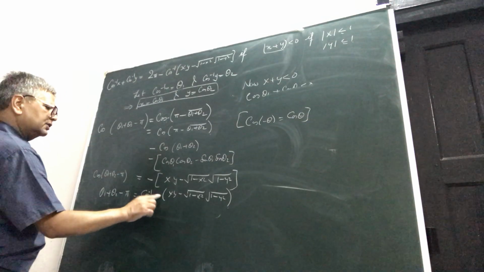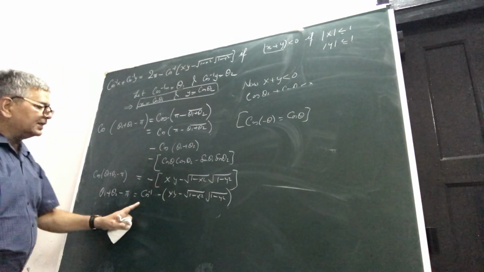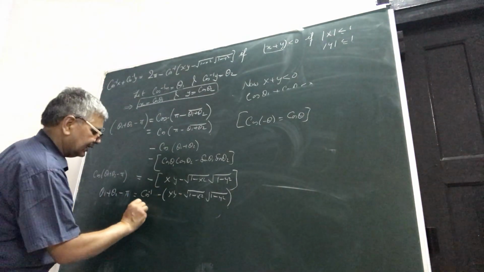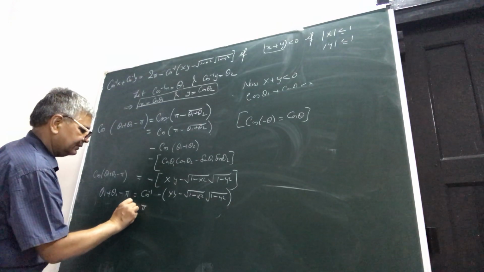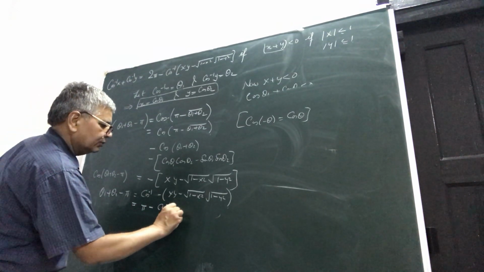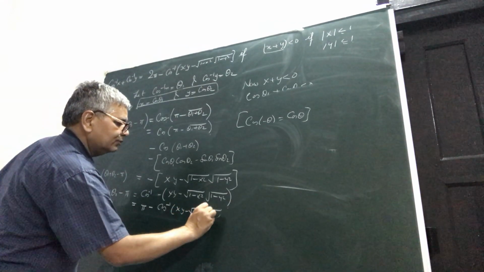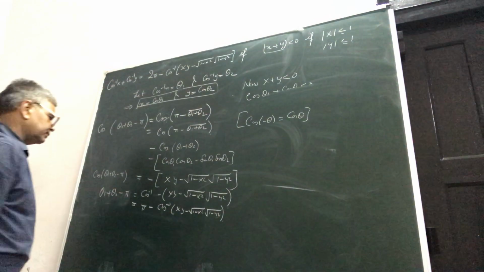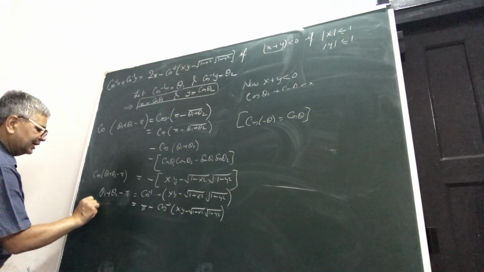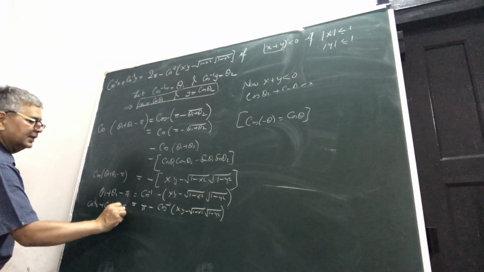Now you know there is a property that cos inverse of minus theta is pi minus cos inverse theta. So you would be writing pi minus cos inverse of xy minus under root 1 minus x square under root 1 minus y square. And put the value of theta 1 plus theta 2: theta 1 and theta 2 is cos inverse x plus cos inverse y minus pi.